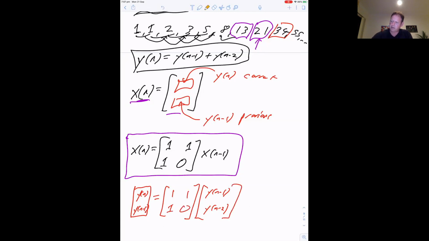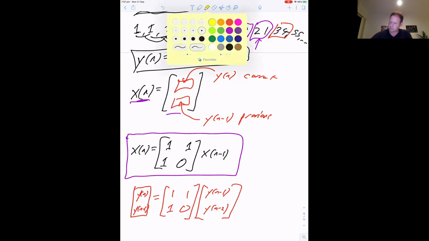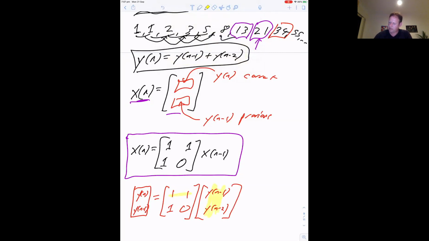Yeah. So the sum of these two goes into this. And then all the time the one that's current becomes the previous. So am I correct? Yn, yn minus 1. This multiplies by this, and that's the next one.